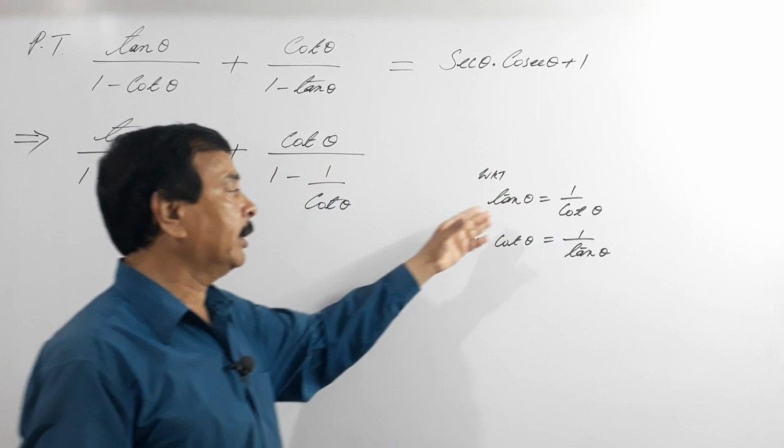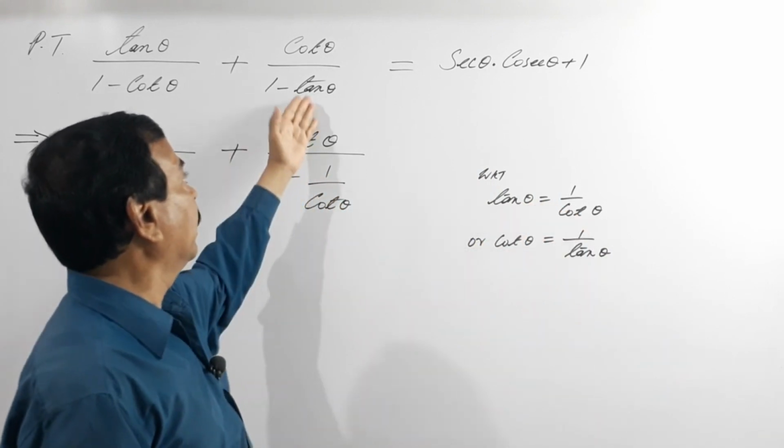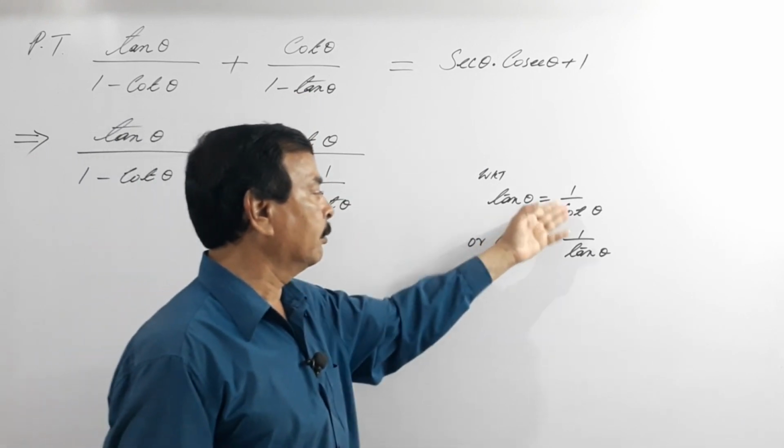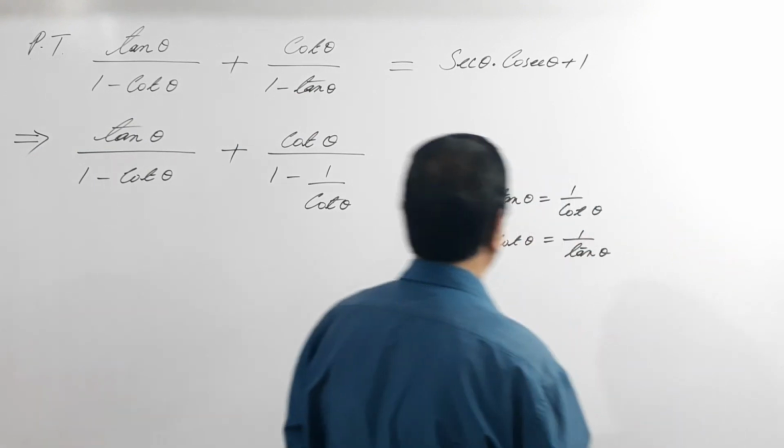If you take tan, it will be 1 by cot. If you take cot, 1 by tan. So don't forget this. I have employed that concept here: tan equals 1 by cot. So I'll rub this.